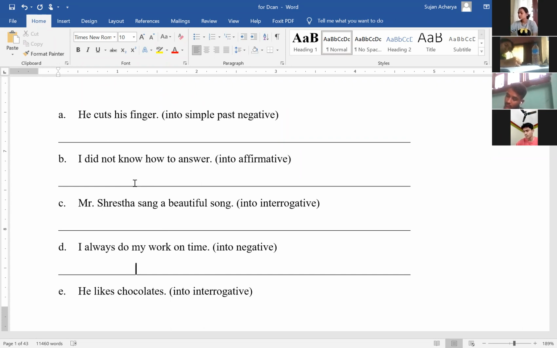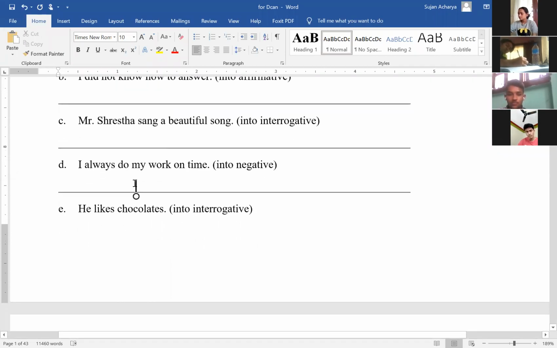Although using never in place of always is just an antonym rather than sentence transformation, that's what we have to do. He likes chocolates, into interrogative. Does he like chocolates? After do, does, did, the verb is always base form.